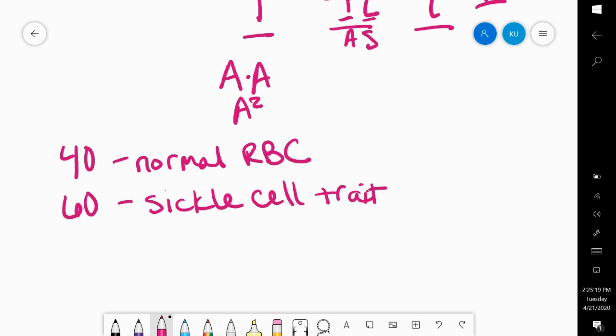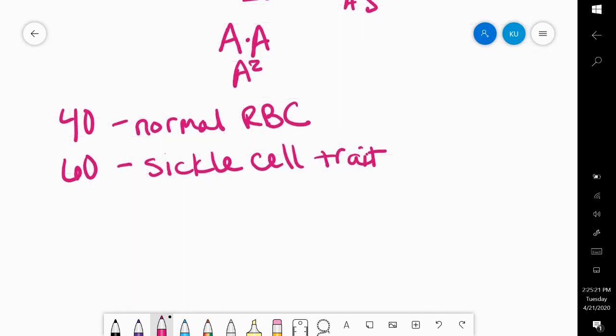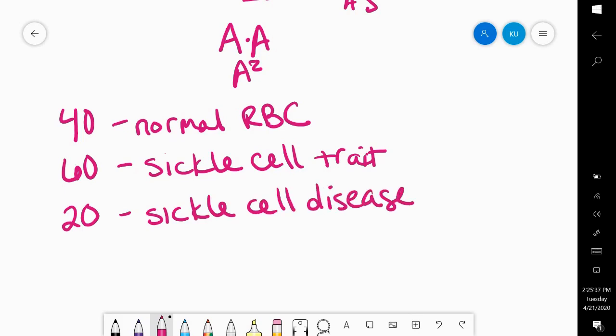And then I'll say that I have 20 people in the population that have sickle cell disease. So this is represented by AA. This is AS, and this is SS. So it's homozygous dominant, heterozygous, and homozygous recessive.